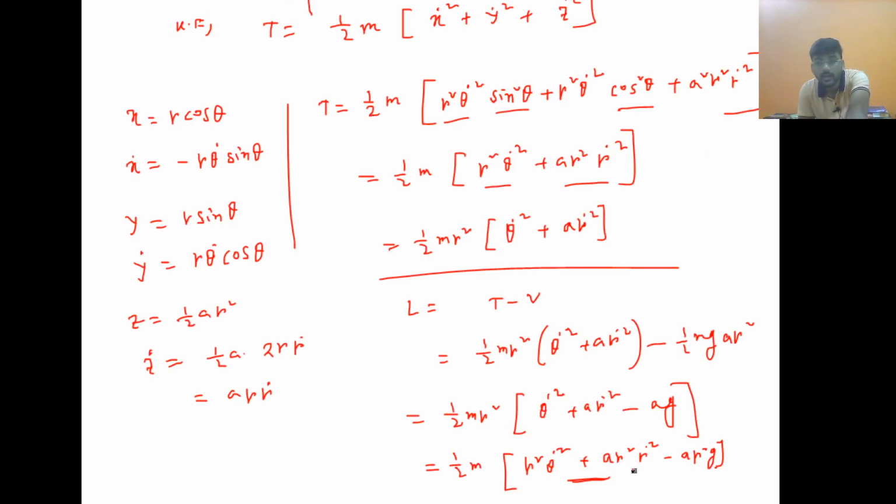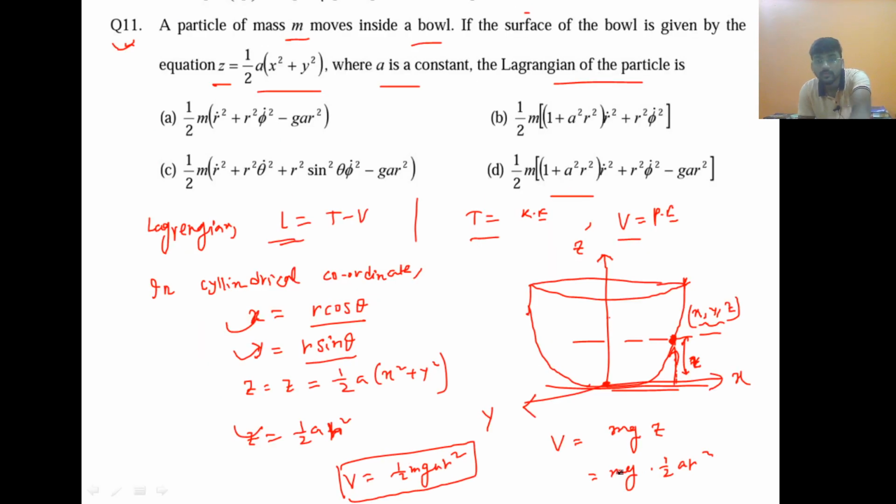So if we take common r dot square from here, it will be a r square plus r square theta dot square. So answers are not matching. I think this will be the answer, because here minus g a r square is given.